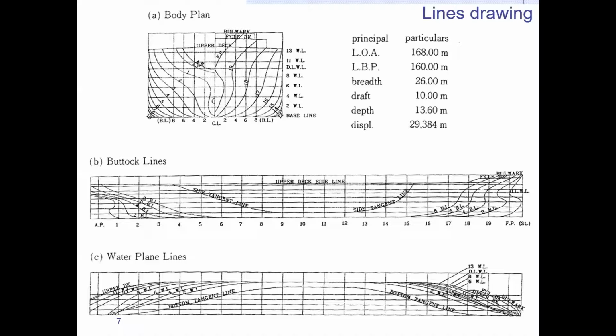It is measured as displacement because the ship cannot submerge above the draft line. So the draft line is the maximum capacity you can carry as cargo. So that is the main target length or depth of the ship.